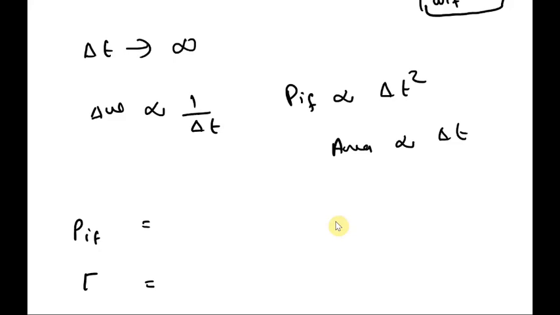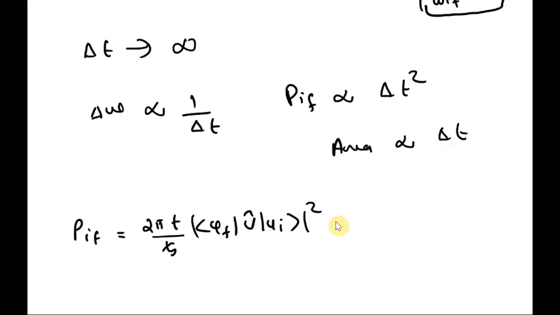Okay, in terms of probability, this was like 2 pi t by h cross, psi f V psi a, square of that, delta of E_f minus E_i, and this was the first expression that we obtained.